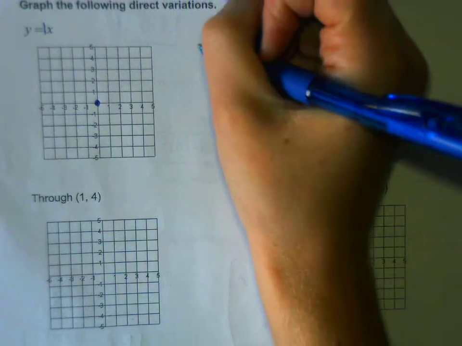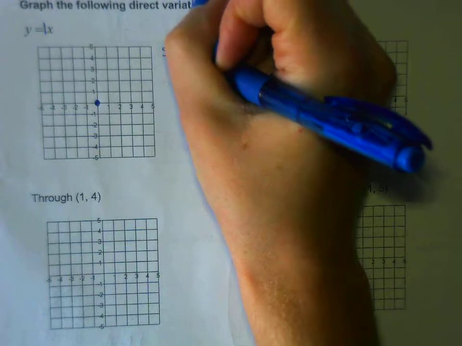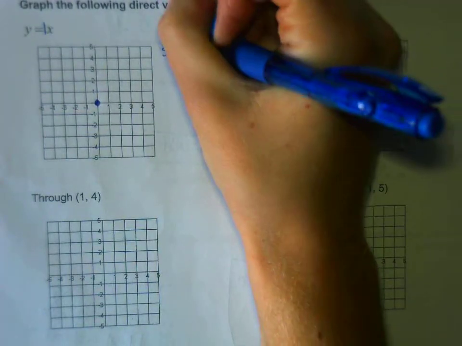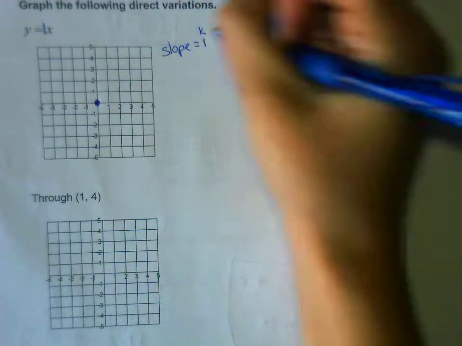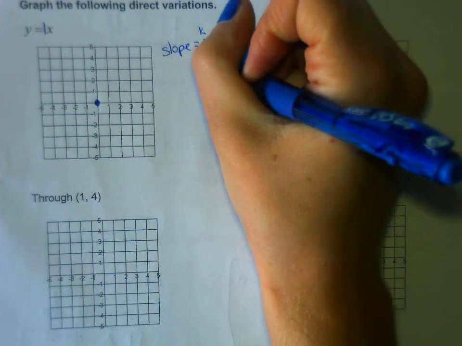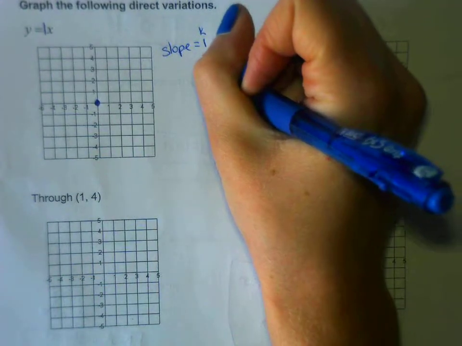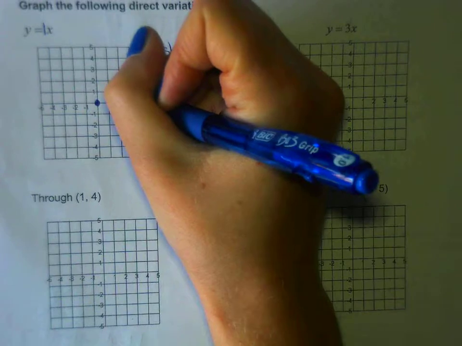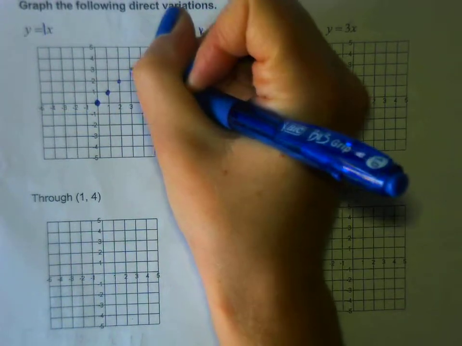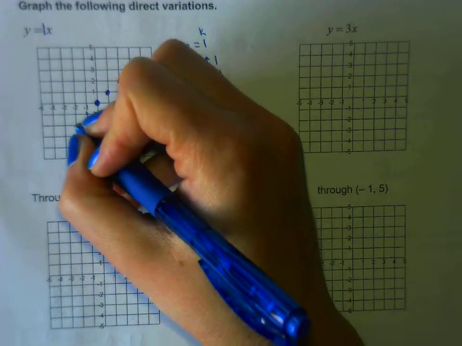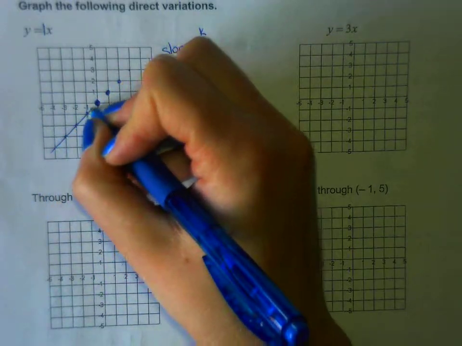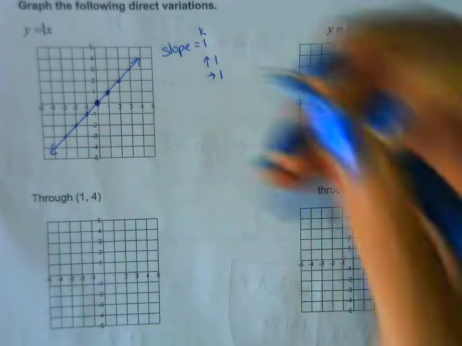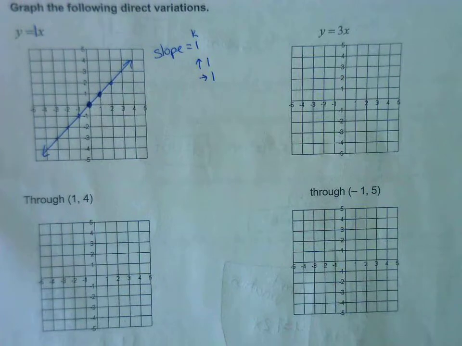So that is my slope. If my slope equals 1, which is what my constant was, that means I'm going to rise up 1 and go to the right 1. So up 1, to the right 1. And just to be a little more accurate, I'm going to continue making those lines and then connect them. So there's my direct variation for that equation.